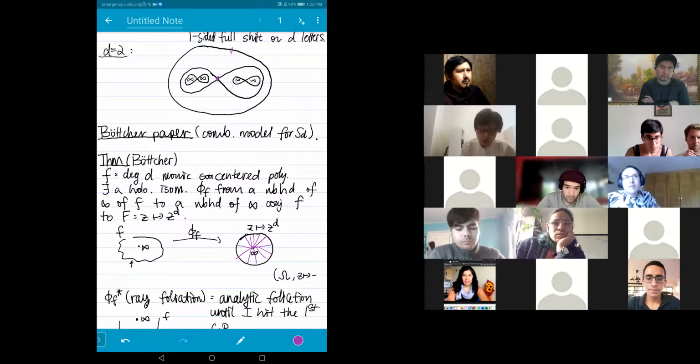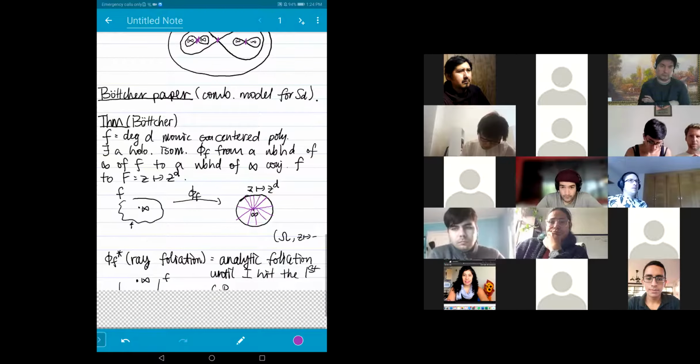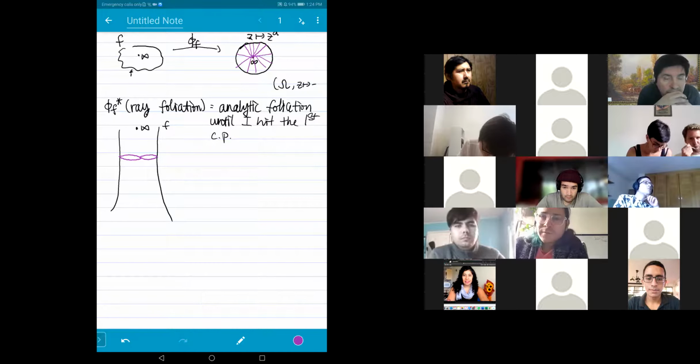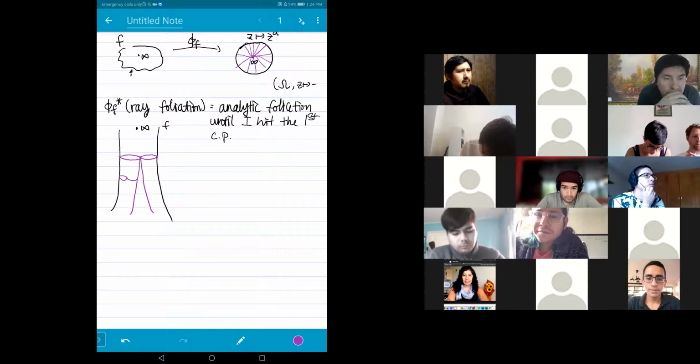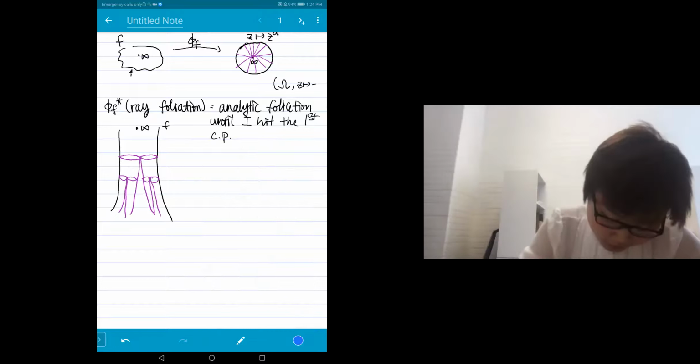So this is the critical point, and the smaller crosses are the pre-images of the critical point. So if I draw them vertically, it looks something like this, and something like that. So if you can see, this is exactly the counterpart surface, right? So what does the foliation look like?